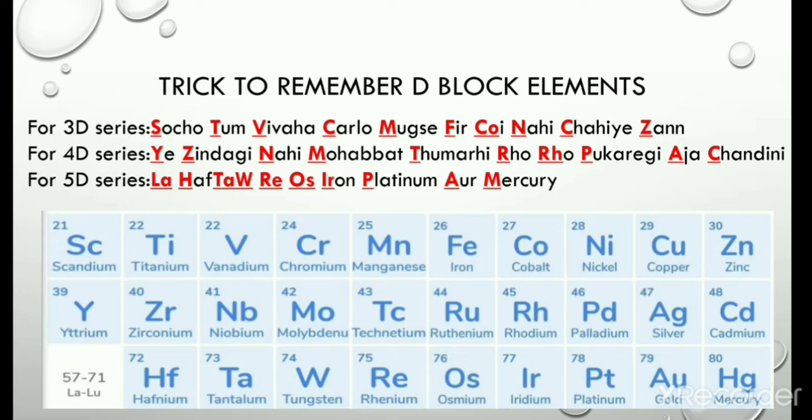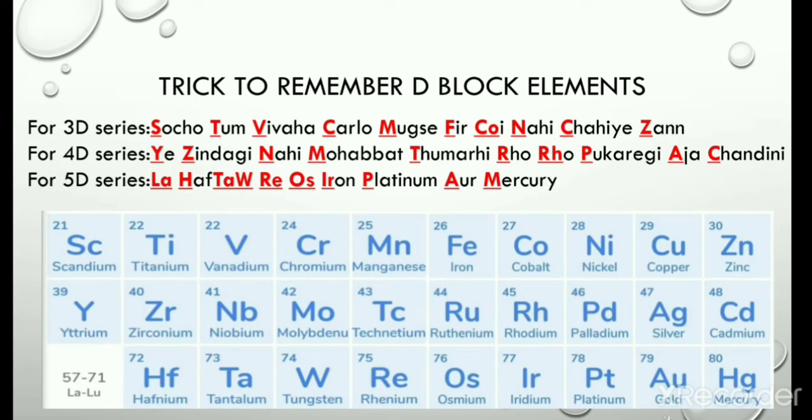For the 5D series, ला हफ्तावरे उस iron, platinum or mercury. Here from La, La stands for lanthanum, that means the lanthanide series.